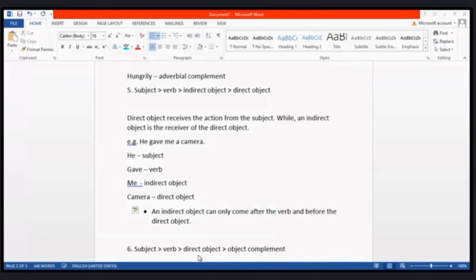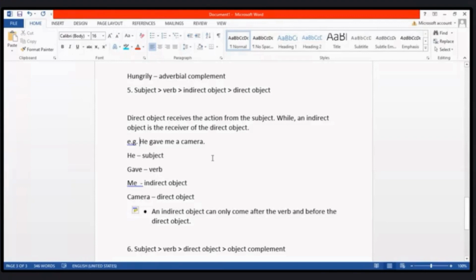So this is just to explain to you. In this case, an indirect object can only come after the verb and before the direct object. In a sentence, it cannot be in any other place. So this is the verb and this is the direct object. It can only come in between, and it can come nowhere else.